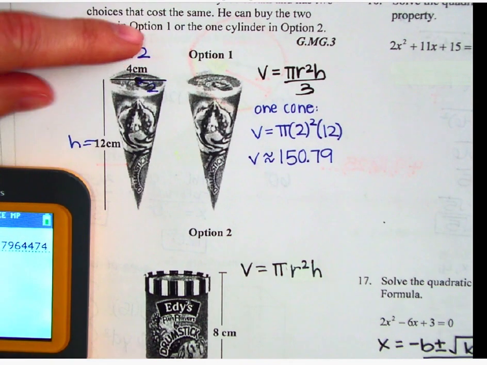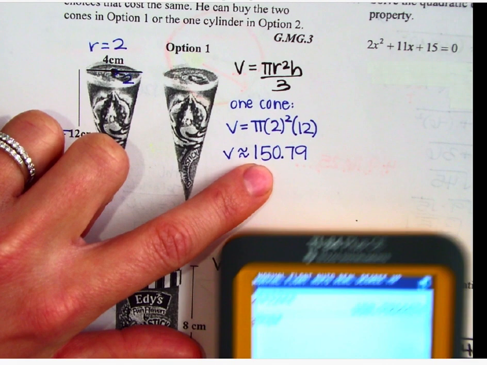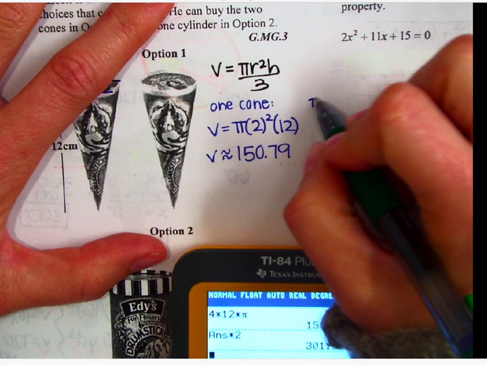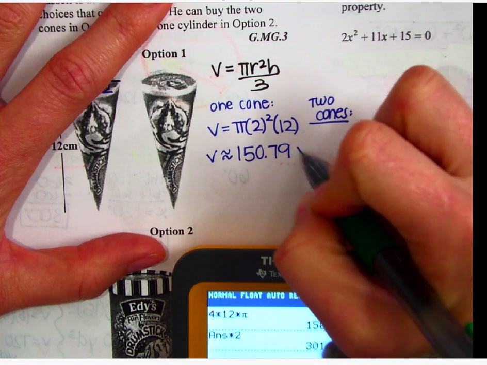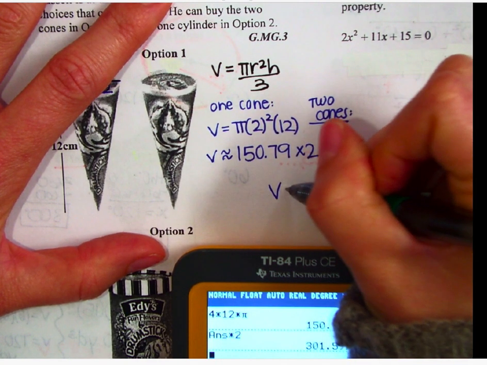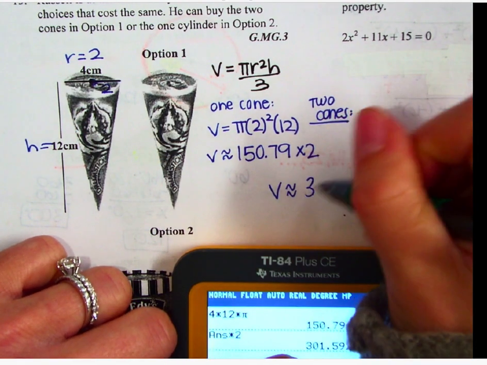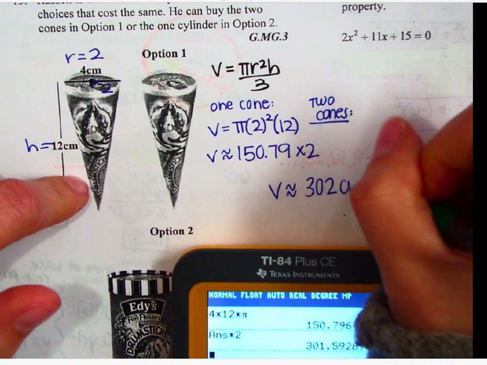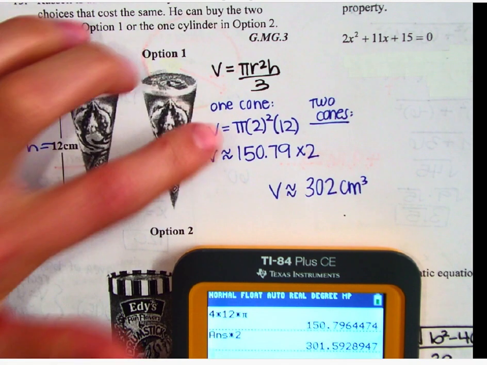So if there are 2 cones, we're going to multiply by 2, and we'll get the total volume of these cones together, which is about 302 cubic centimeters.